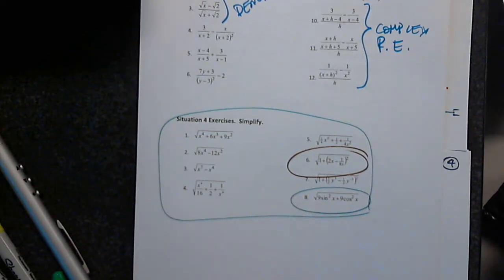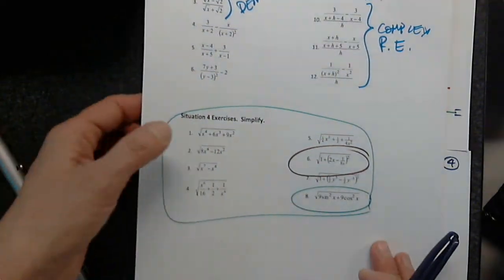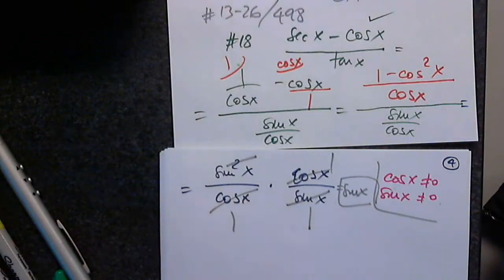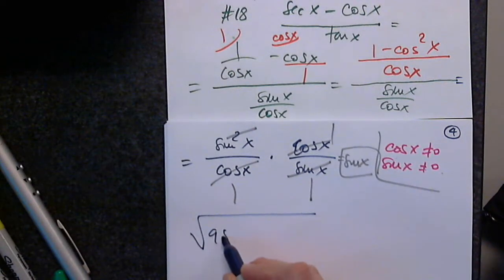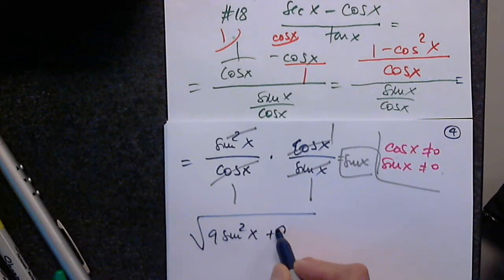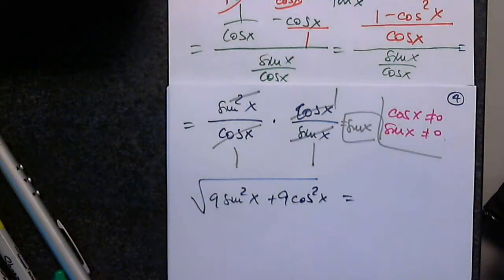What will you say about this? It's an expression. Simplify. So we have the square root of 9 sine squared x plus 9 cosine squared x. Here's what I'm tempted to do: break the radical and say the square root of this plus the square root of this. But you can't. You should shoot me if I do that, of course. So what can I do?